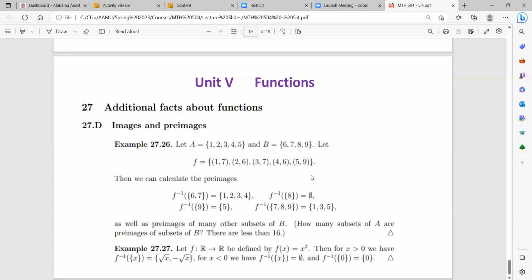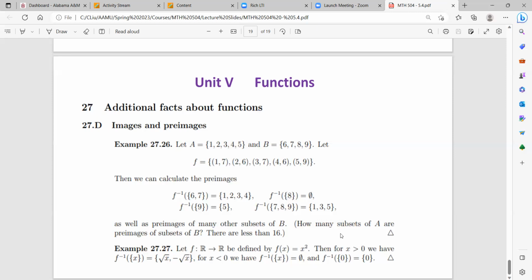Okay, so that includes the pre-image of the set of 8. So you don't have to count this pre-image of the set of 8 again. It is always included in those 8 subsets of A. All right.